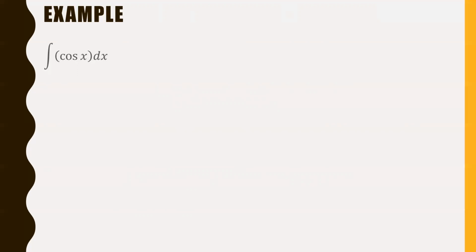Now, the good news is you do have a formula sheet in this course and you can use it on this one. What we need to ask ourselves is, if we're taking the antiderivative of cosine x, what function taken to a derivative equals cosine x? Well, I know sine and cosine are linked by their derivatives.